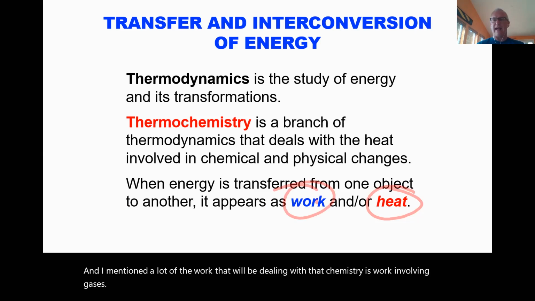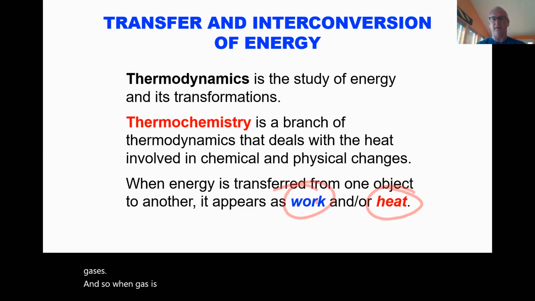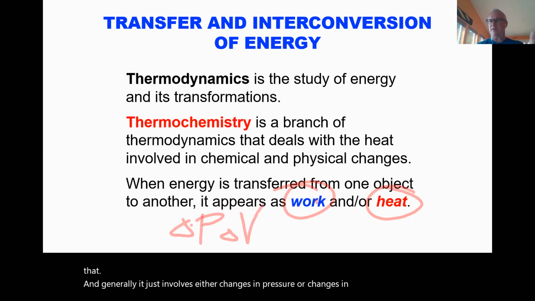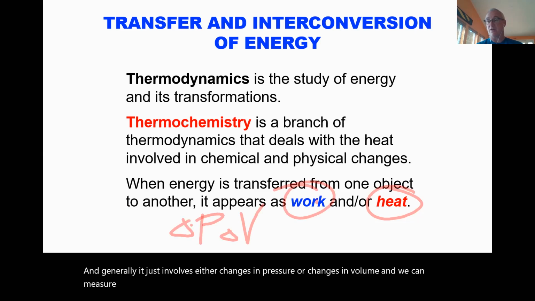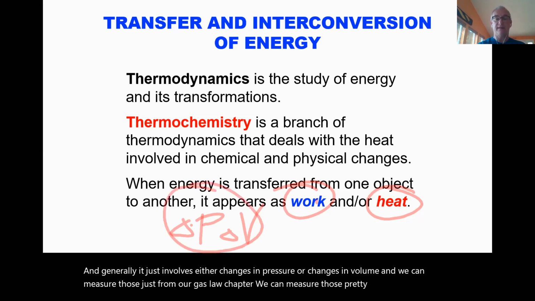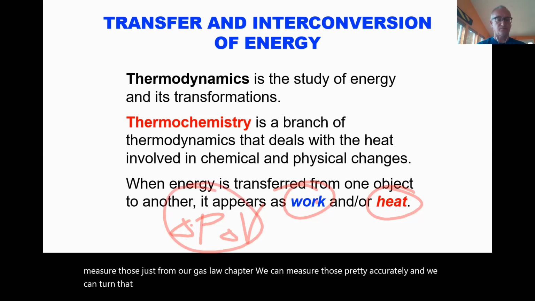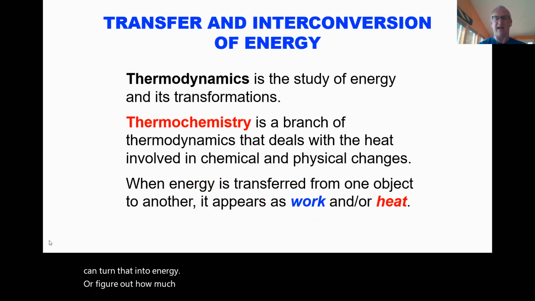When gases push against a piston or something like that, we can actually measure that. Generally it involves either changes in pressure or changes in volume. And we can measure those pretty accurately from our gas law chapter. And we can turn that into energy, or figure out how much work was done.